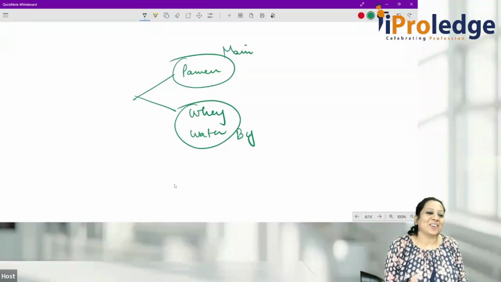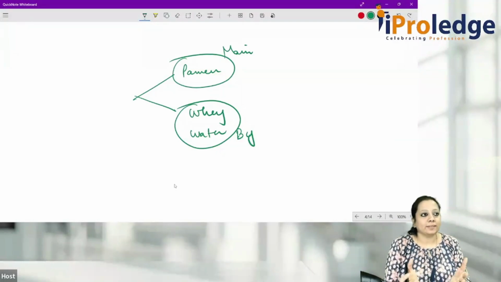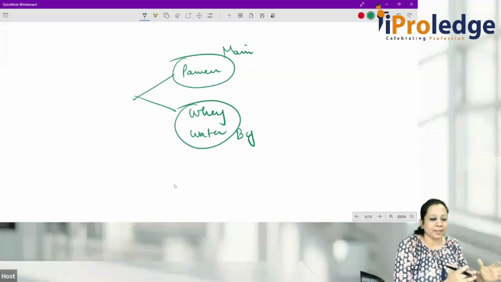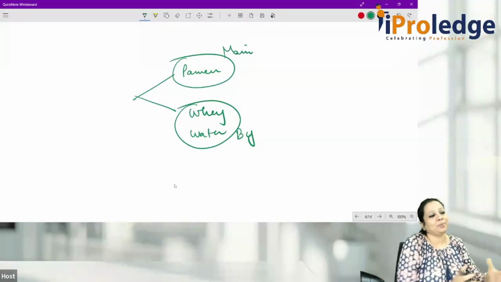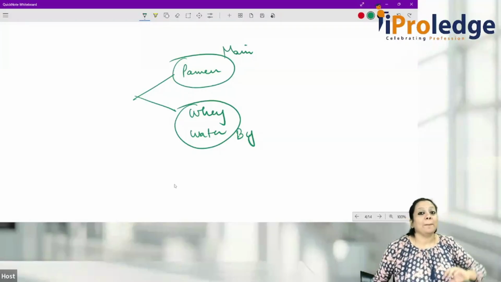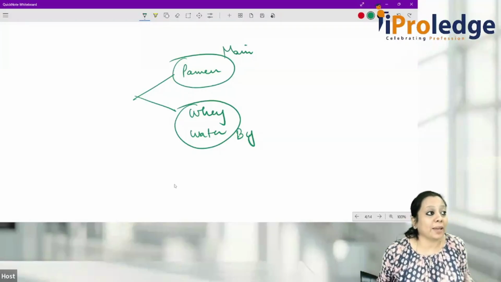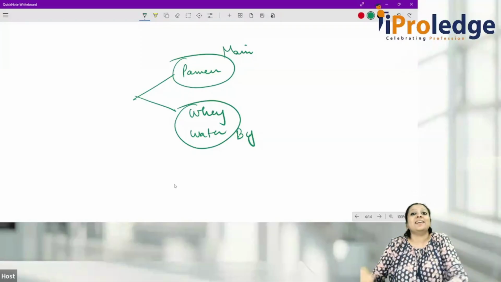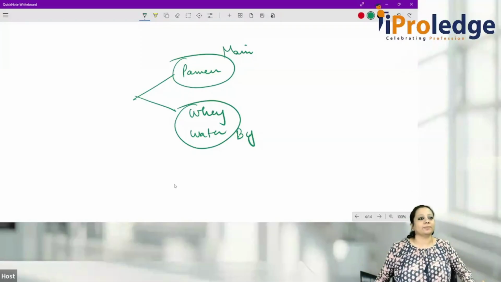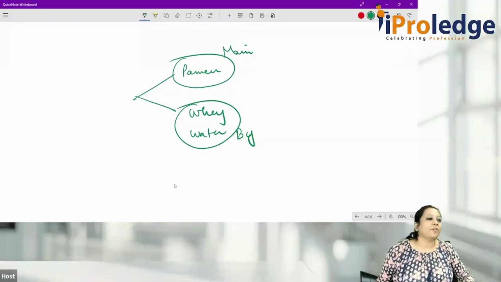Milk, when it gets spoiled, what will happen? That fat and all will get separated and water will get separated. That fat is the paneer and that water is whey. Understood? But we are intending to make what? Paneer only. That whey water is an unintended product. That is only the byproduct. Okay.